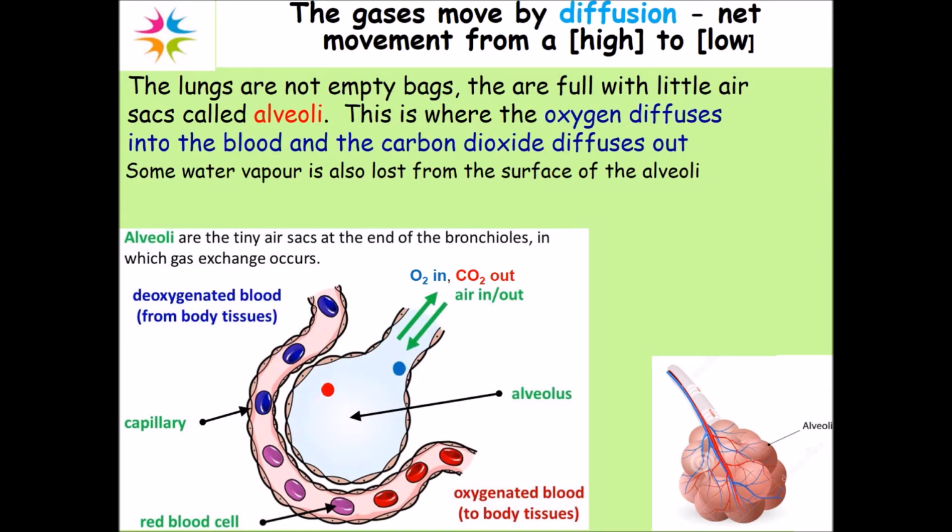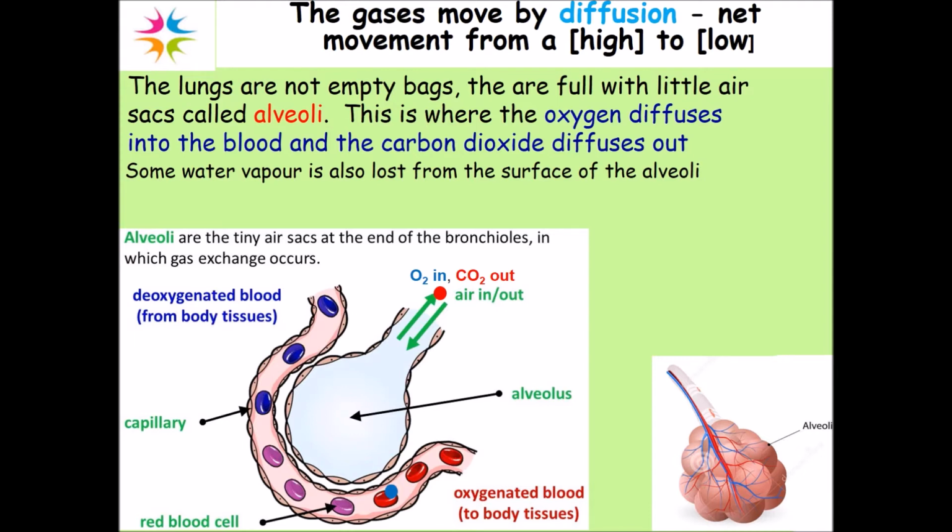Gases move in by diffusion, and you've done diffusion with Mr. LePage when you did movement of substances. So diffusion is the net movement of substances from an area of high concentration to an area of low concentration. Now, your lungs are not empty bags, they're full of little air sacs called alveoli.